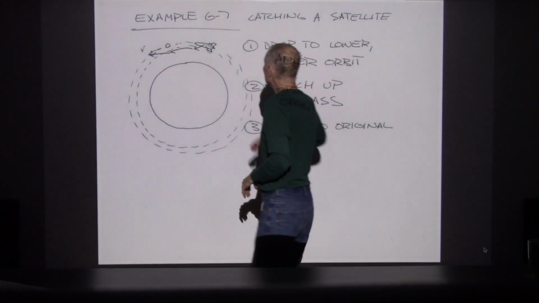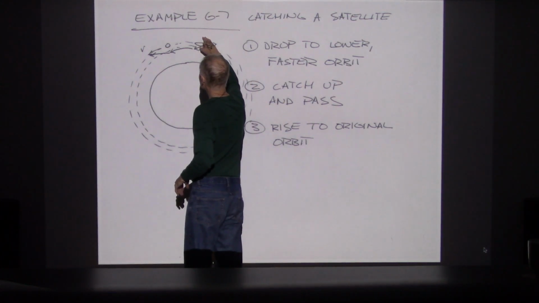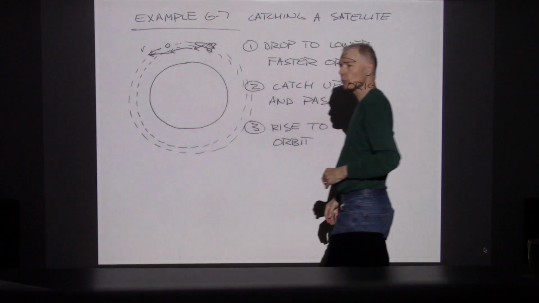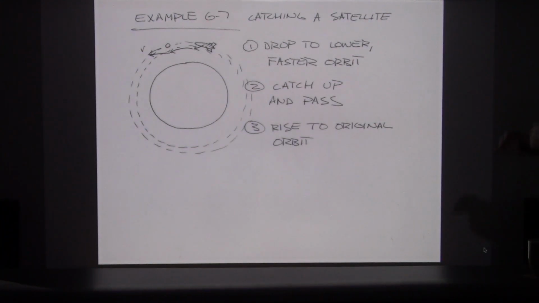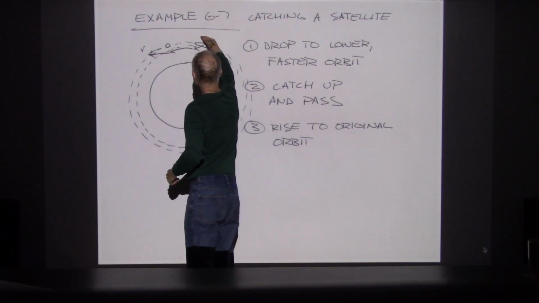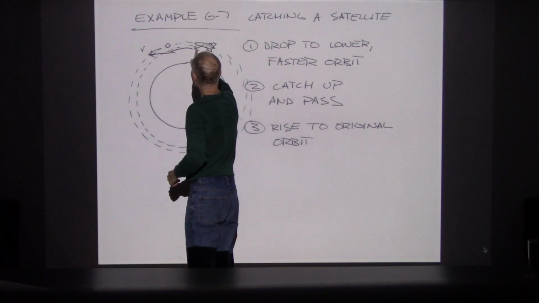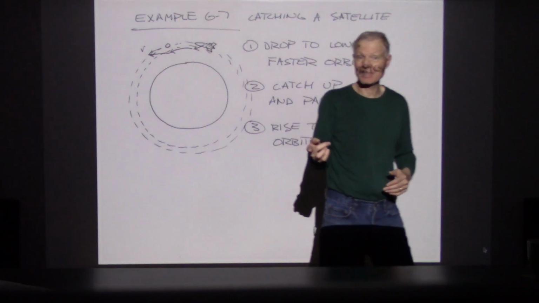Now, boosting yourself into a higher circular orbit means you'll actually be traveling more slowly. So the way to catch up with the satellite is actually to bring yourself into a lower circular orbit just below where the satellite's traveling. Bringing it down to a lower orbit will allow you to pass the satellite.